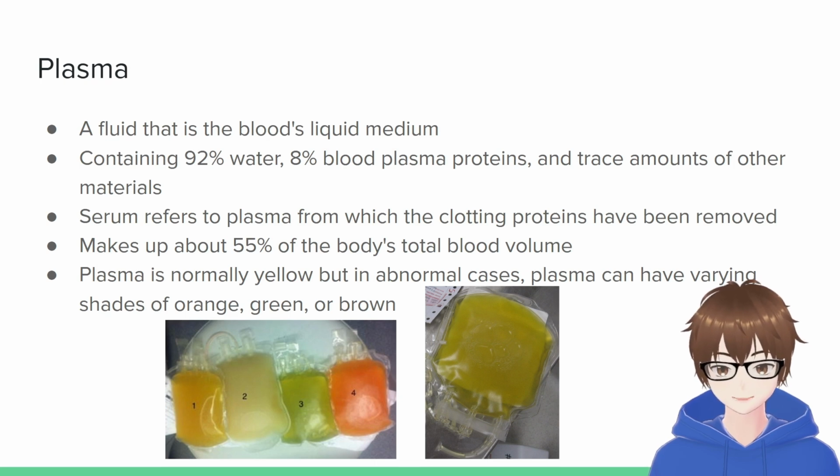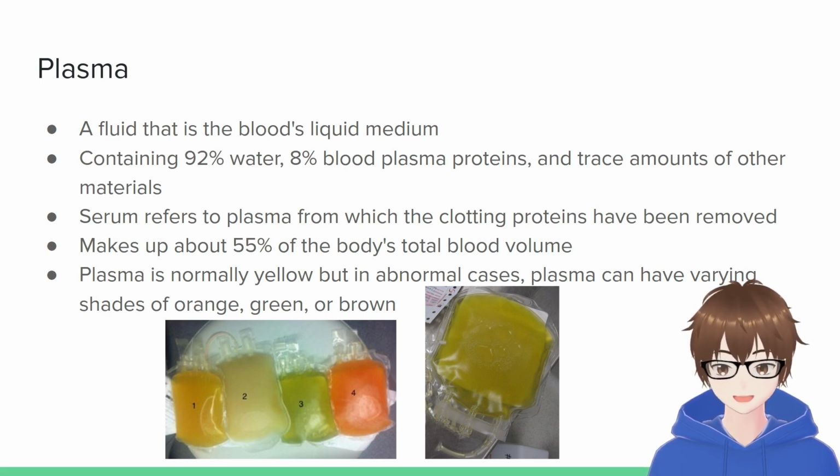It is a fluid that is the blood's liquid medium. So most of your blood is actually plasma, or blood plasma. It contains 92% water, 8% blood plasma proteins, and then trace amounts of other materials. Serum refers to plasma from which the clotting proteins have been removed.